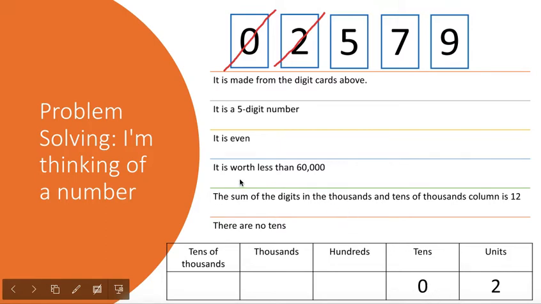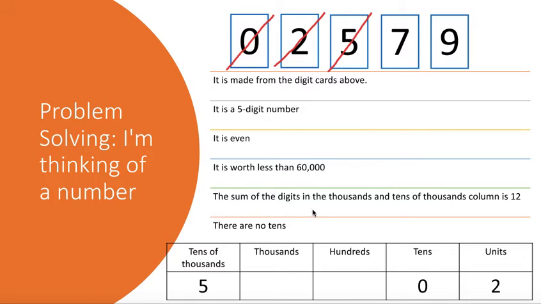So the next clue I can look at is it's worth less than 60,000. Well, if I put a 7 in the tens of thousands, it would be 70-something thousand, which is bigger than 60,000. If I put the 9 in the tens of thousands, it would also be bigger than 60,000. So I know it must be 50-something thousand, and I can put that in.